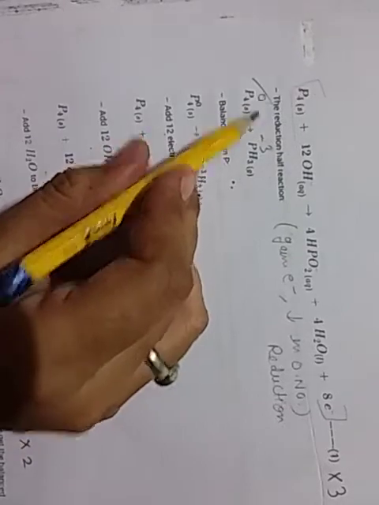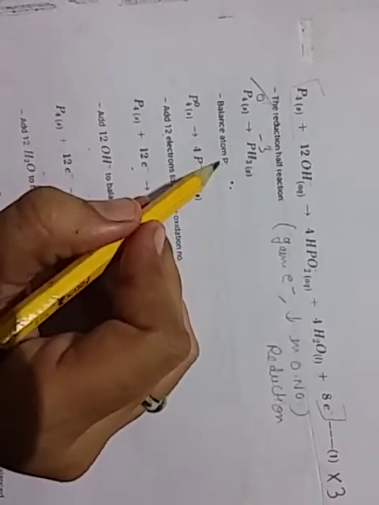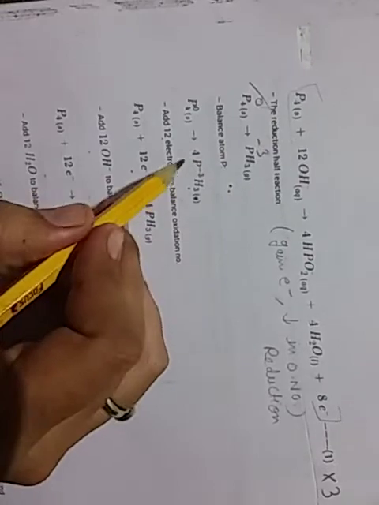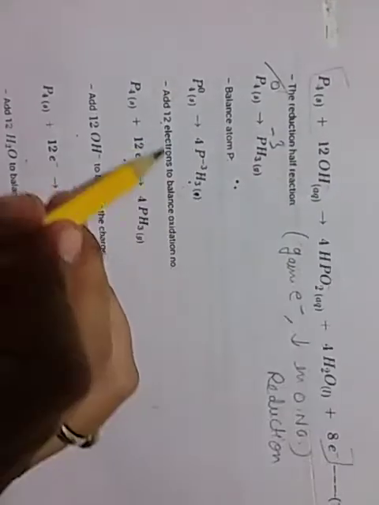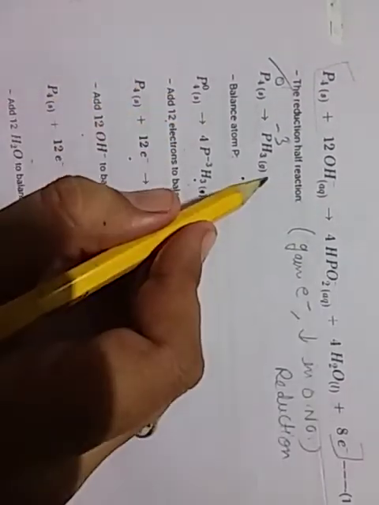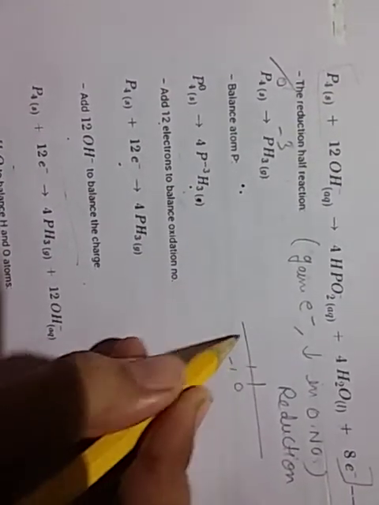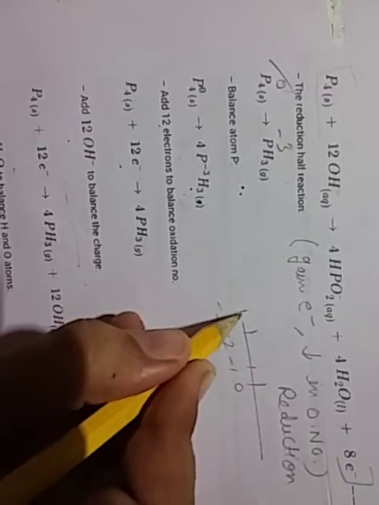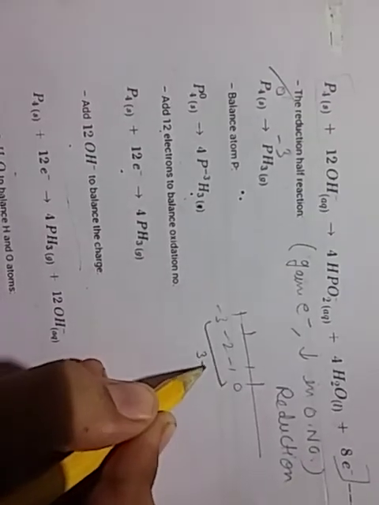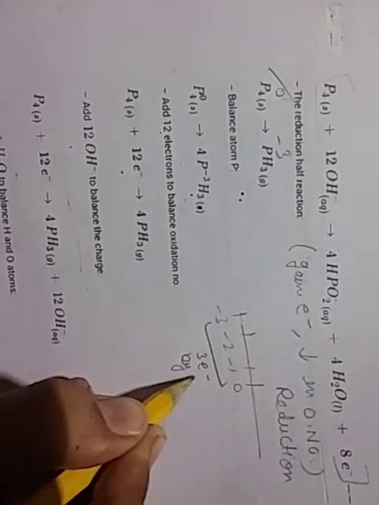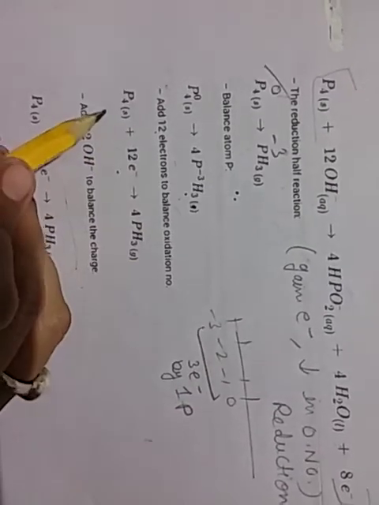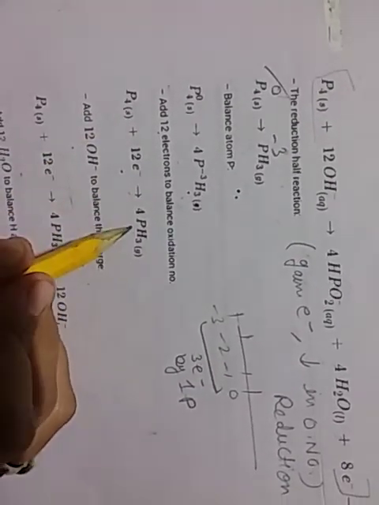Balance the phosphorus atoms: here 4 and on the right a single P, so first we balance phosphorus. One phosphorus gains 3 electrons, because 0 to -3 is 0, -1, -2, -3. So with 4 phosphorus, 4 times 3 is 12 electrons gained.